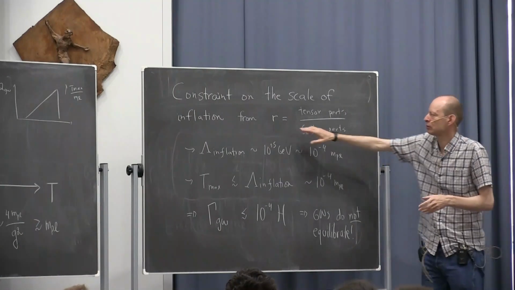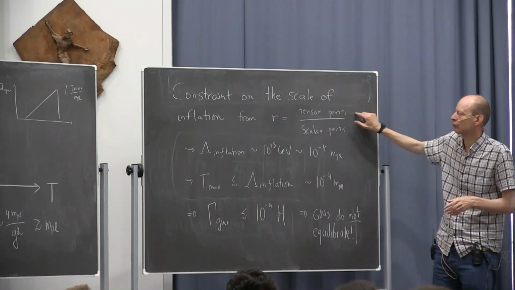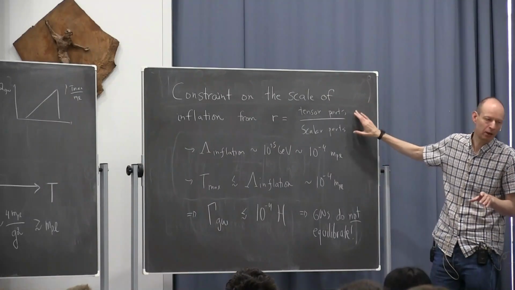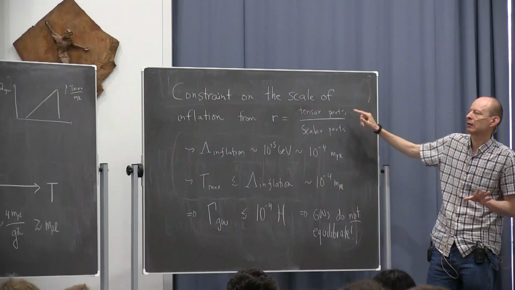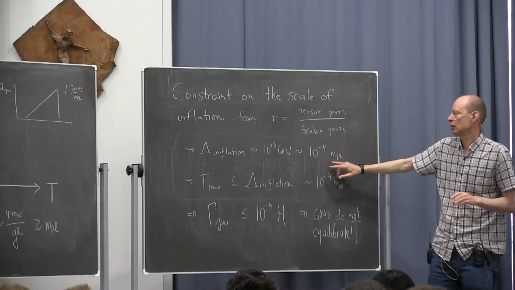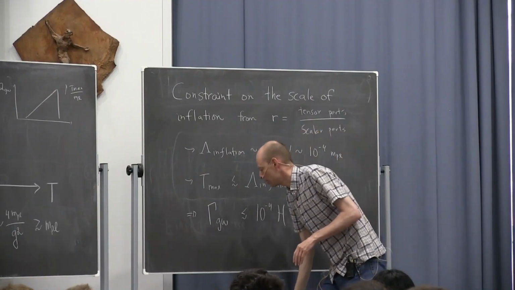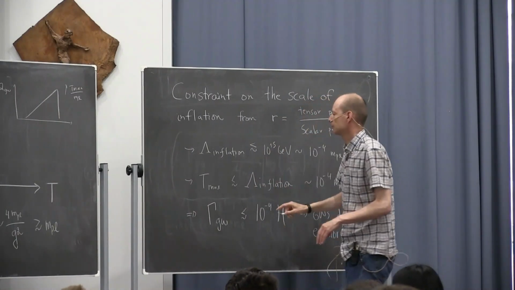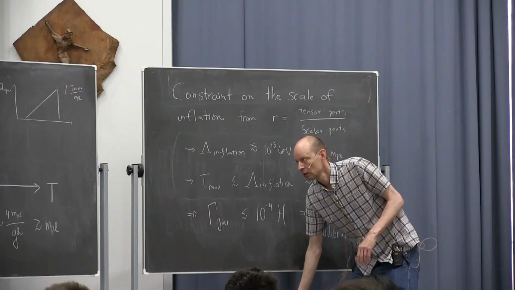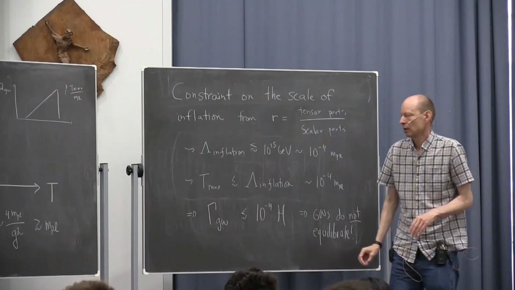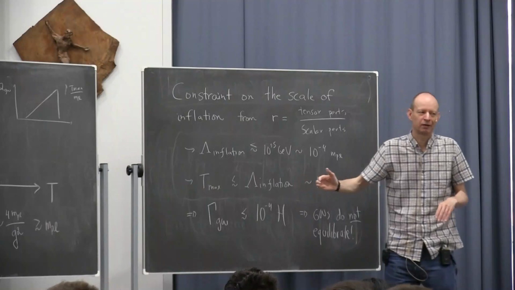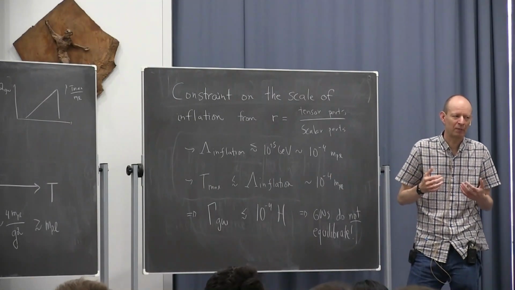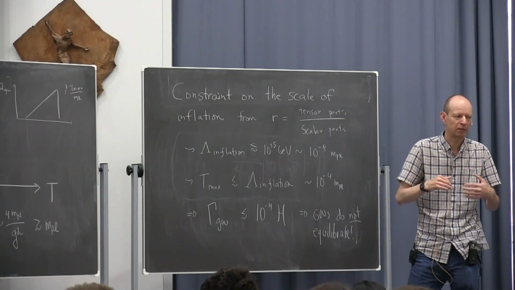So this ratio is strongly constrained, with some number, 0.05, and that constraint then constrains the scale of inflation. So it's an upper bound. In turn, when we think about how the inflation converts into a thermal medium, it also gives an upper bound on the temperature.